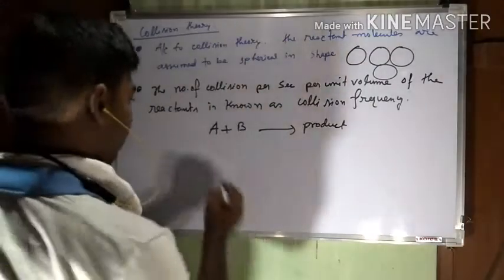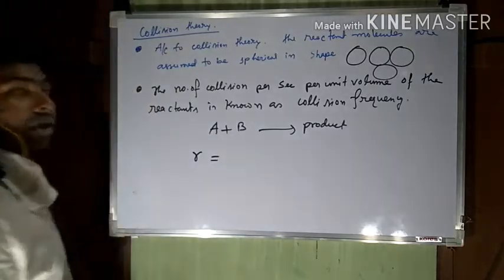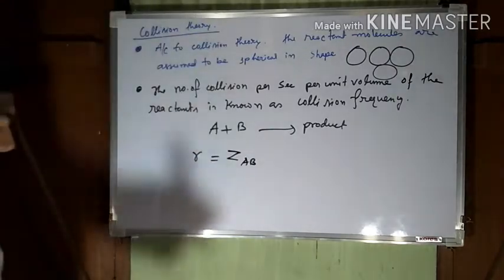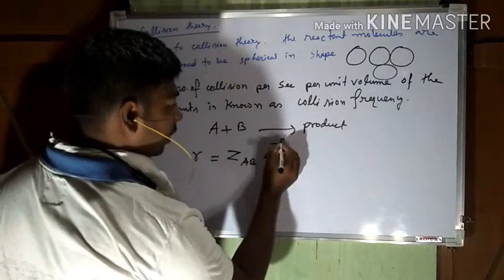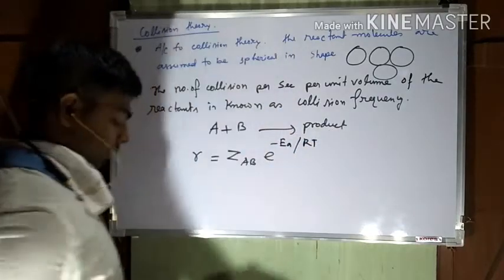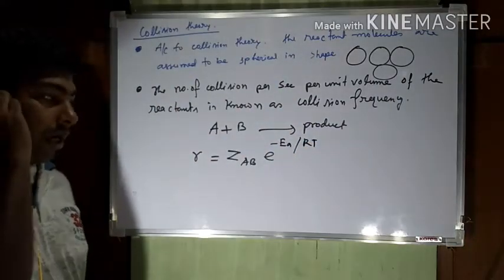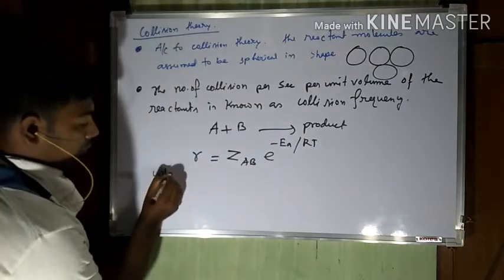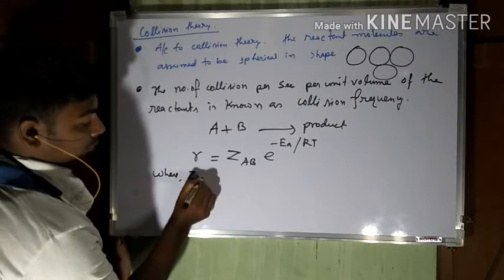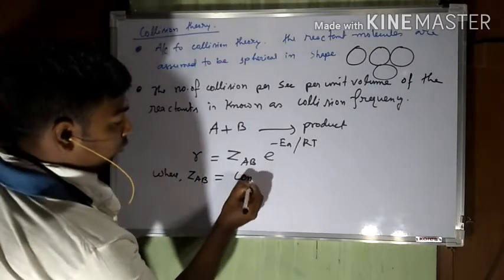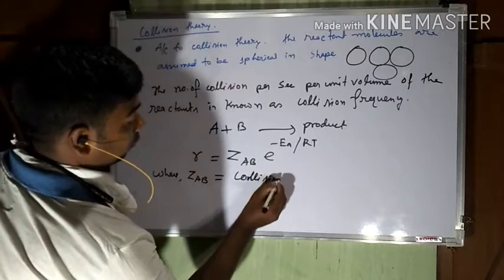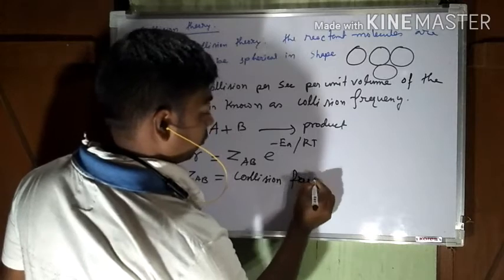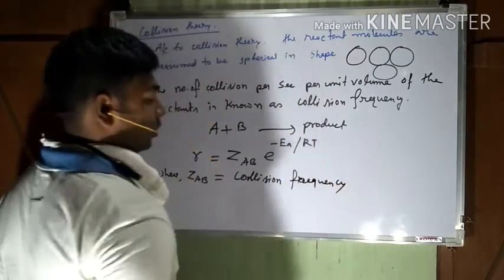Then the reaction rate is given by ZAB e to the power minus EA by RT. Here ZAB is the collision frequency.